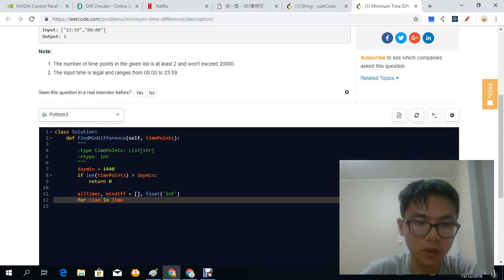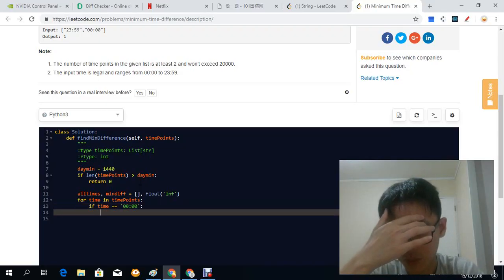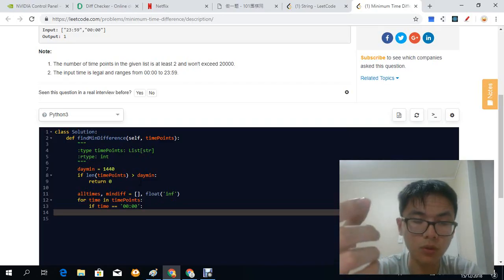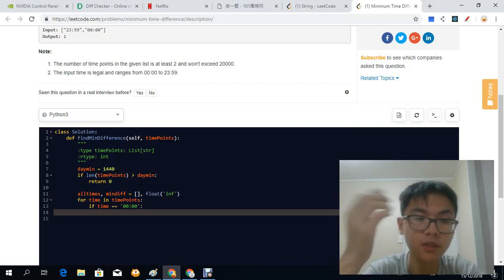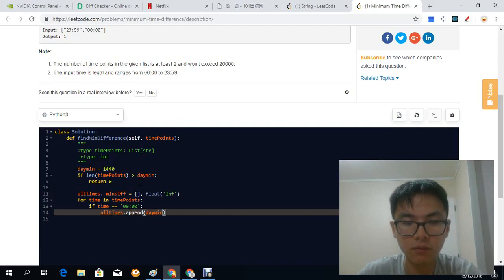So we iterate through the time points. First we have to deal with one exception, which is when the time equals 0, 0. At that time we should not append 0 to our new list. Instead, we have to append the day minutes.